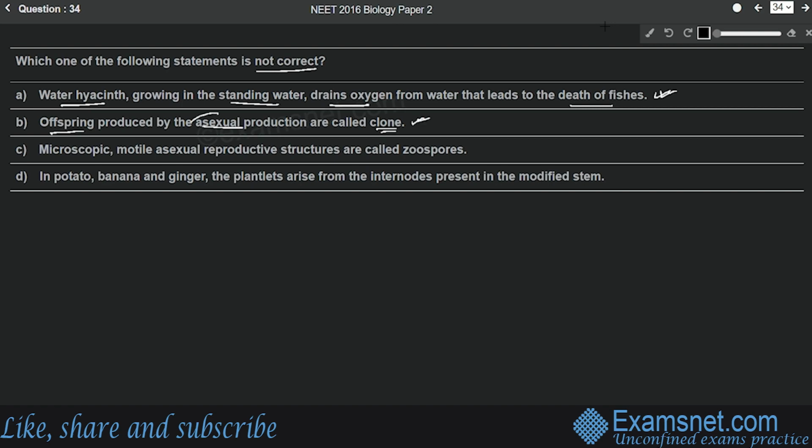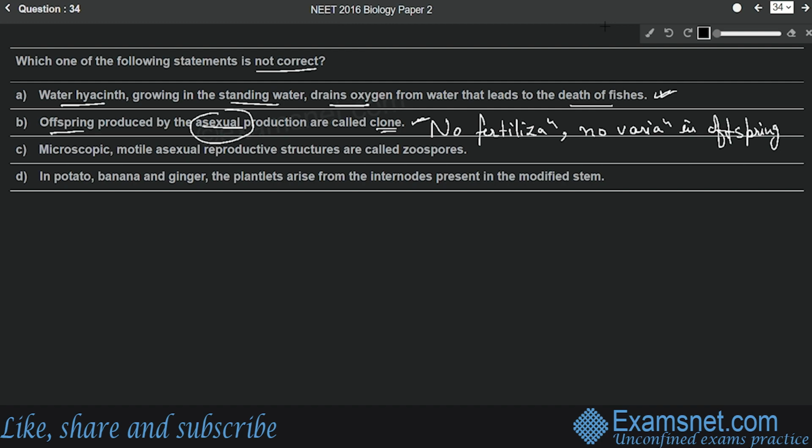Because in case of asexual reproduction, no gamete fertilization takes place. Okay, no gamete fertilization, or simply no fertilization, because there is only one parent and therefore there is no variation in the offsprings. So these are genetically similar to each other and therefore these are known as clone.